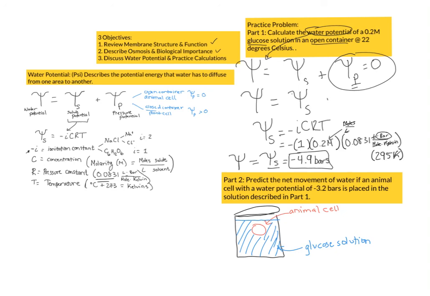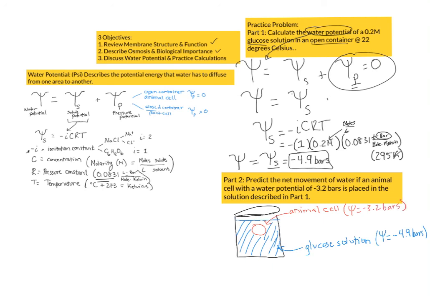We know that the glucose solution has a water potential equal to negative 4.9 bars. We're also told that the animal cell that we're placing in this solution has a water potential equal to negative 3.2 bars. So we don't need to calculate anything there.